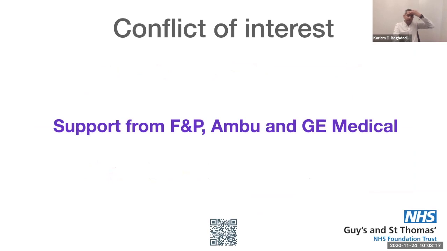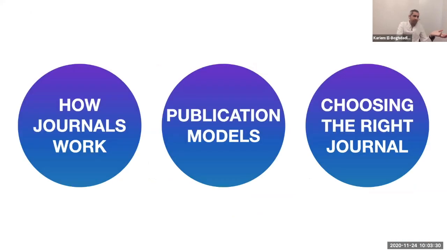And I thought that I could talk to you guys a little bit about some things that perhaps a few years ago I didn't really understand so much. And I kind of wish someone would have sat me down and tried to explain some of these things to me, which is these three elements: how journals work, a little bit about publication models, and then a little bit about choosing the right journal.